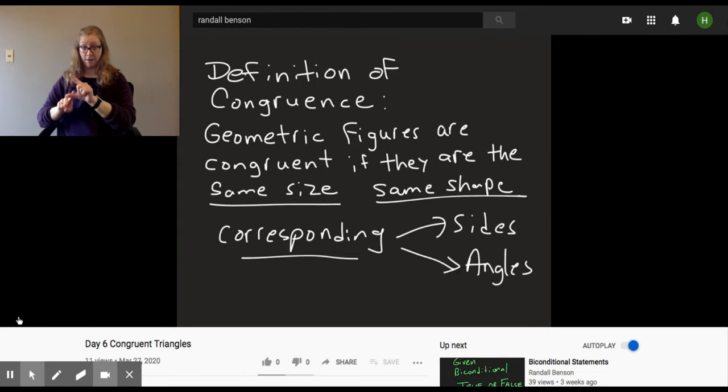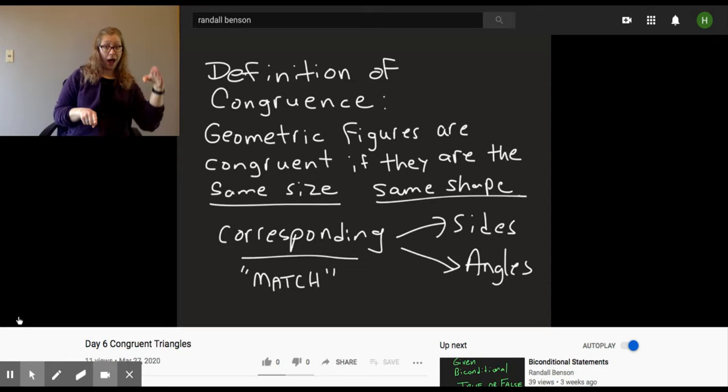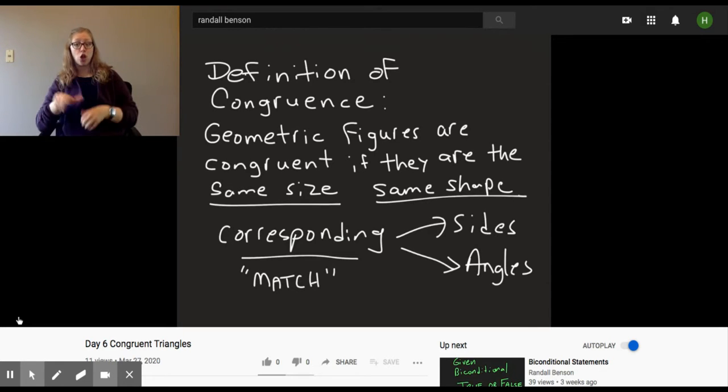The word corresponding you can think of as meaning to match. Each side in one figure is going to match or correspond to another side in the other figure, and it's a one-to-one correspondence.